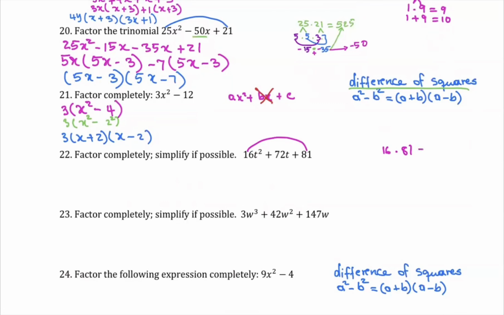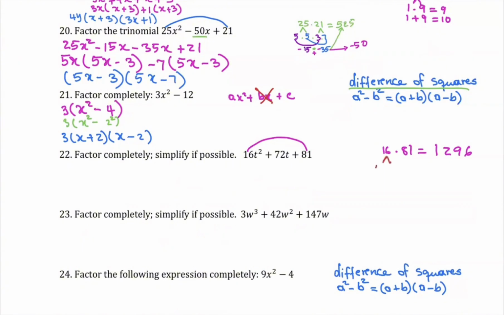Whenever I'm getting big numbers, I don't want to deal with that, so I'm going to break it into smaller bites. 16 times 81 is expected to be 1,296. Breaking this down to find the factors would be a long process, which we don't want to get ourselves into. That's why I'm trying to break this down in smaller bites.